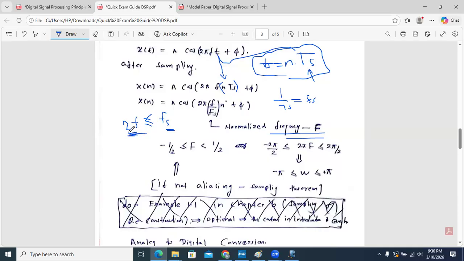That is the Nyquist theorem. Otherwise, the normalized frequency will not be between minus half and plus half. Beyond that range, there is another frequency associated with it. This is referred to as aliasing.